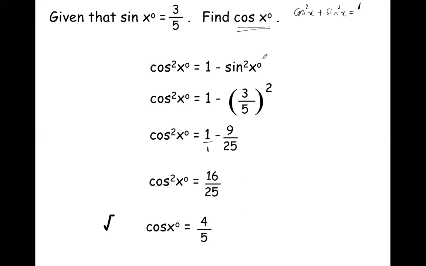So cos x equals 4/5. If sine x is 3/5, cos x is just 4/5, by using the first trig identity I've learned today: cos square plus sine square equals 1.